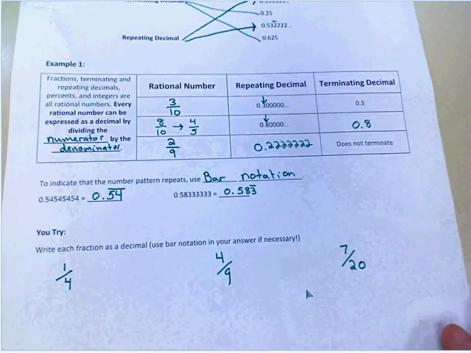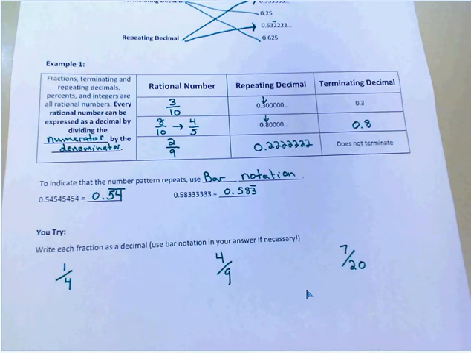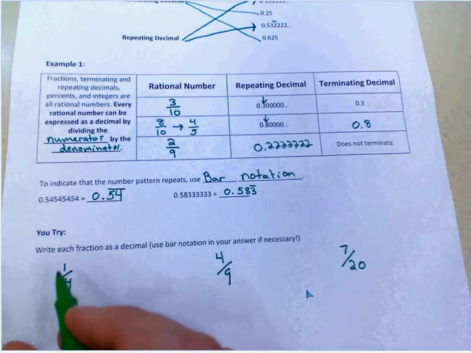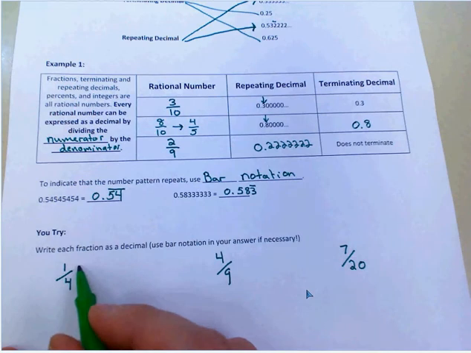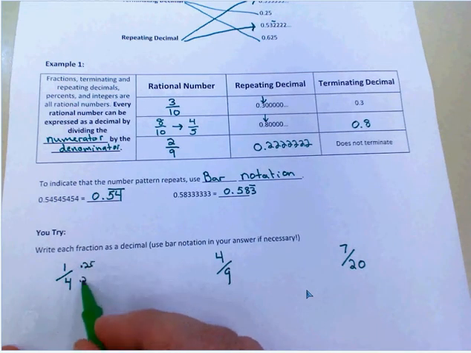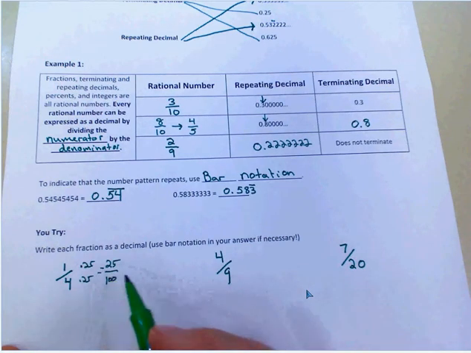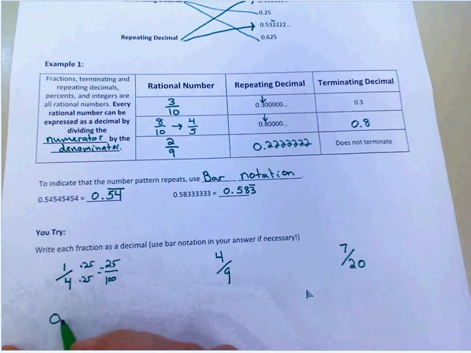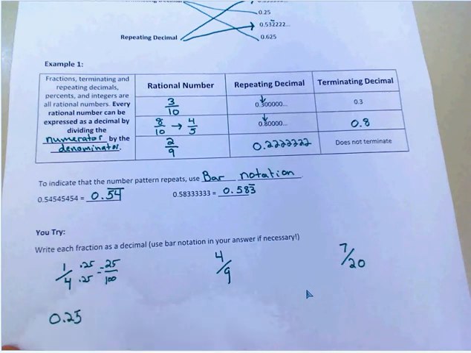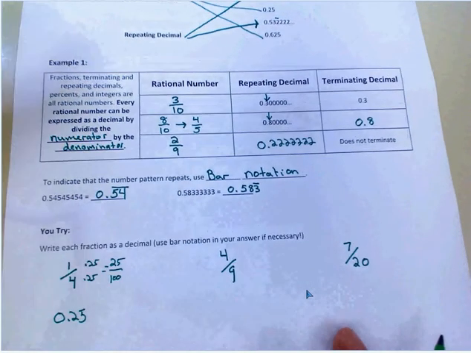Pause and go ahead and do that. Okay. So if we take a look, 1/4 can multiply by 25 in order to get to 100. So we have 25 hundredths, which we know as 0.25. No repeating decimals there at all.